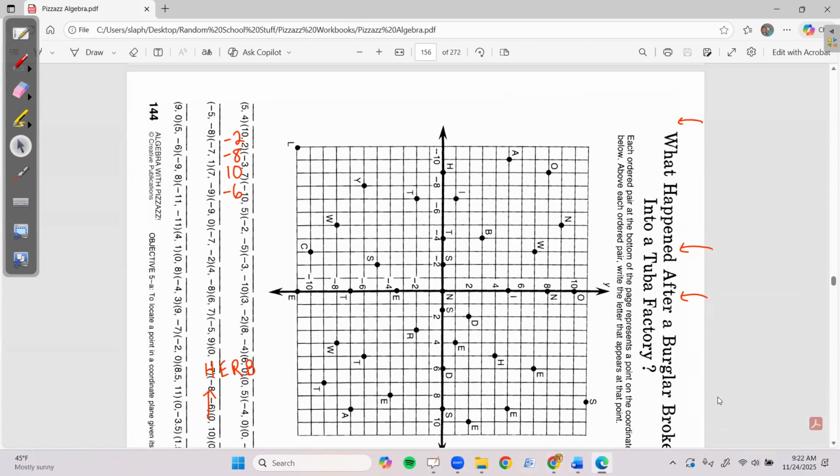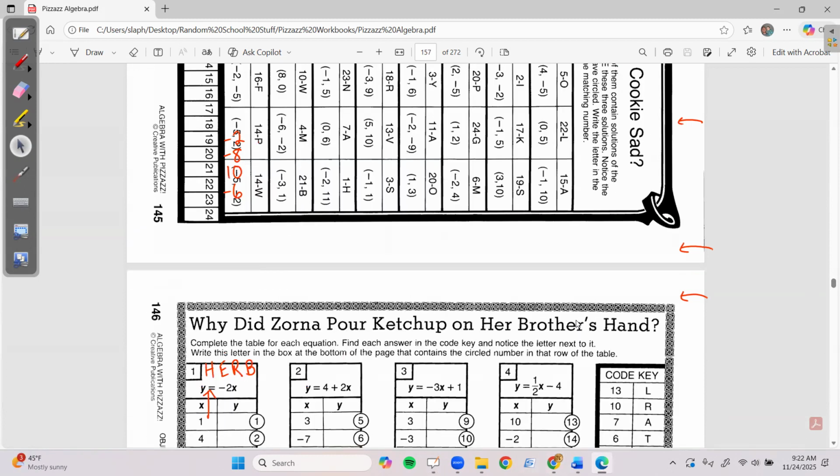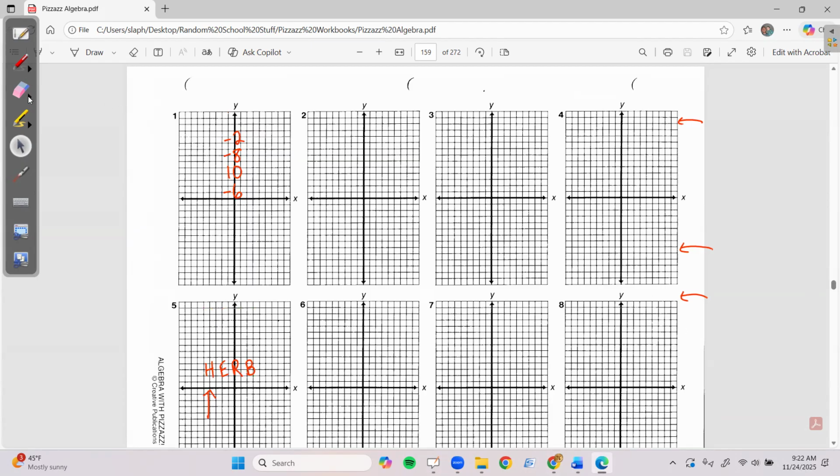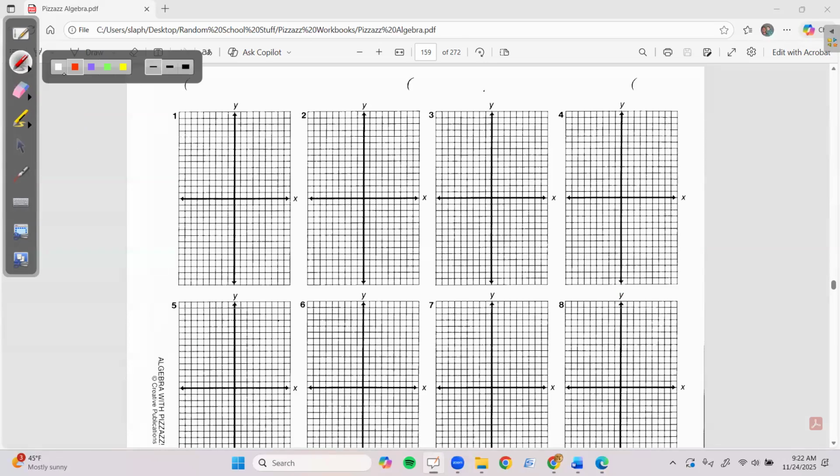That is 140. There it is right there. All right, so obviously we're going to use the graph next to 1 since we just completed problem 1. So could you guys read the points off to me that we have from our table?